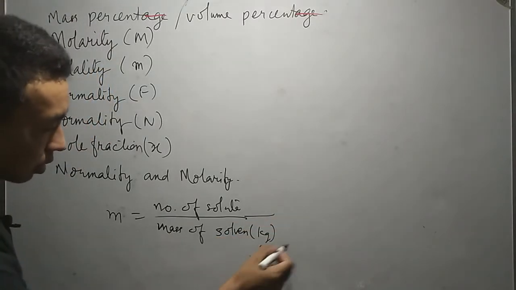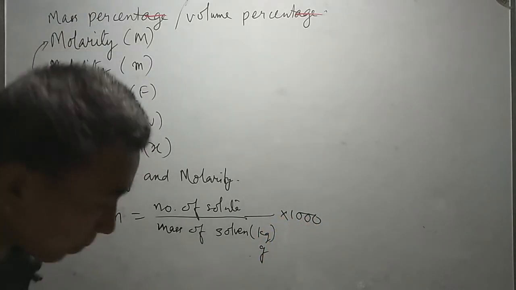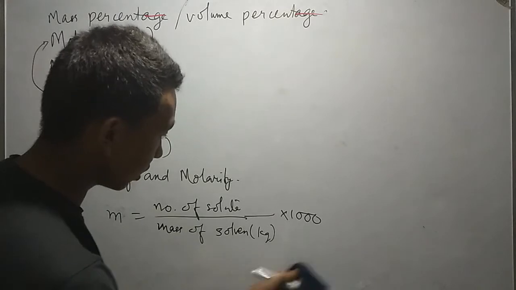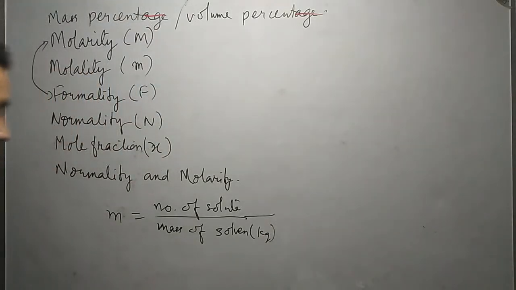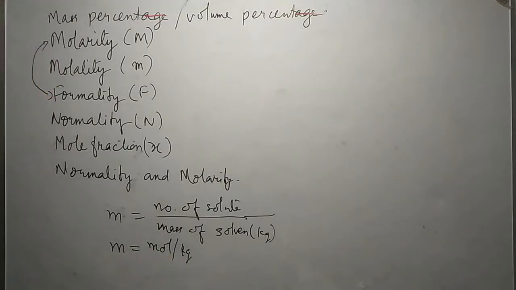If it was given in grams, then we would convert it to kg, but if it is given in kg, we do not need to. The SI unit of molality is mole per kg.